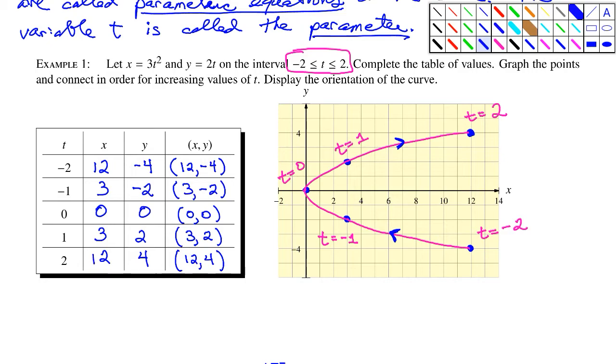So even though it's going to the left, which we normally associate with being negative, that's the increasing way that the t's are flowing. They flow from -2 to +2. And you can see here that this is a parabola. It has endpoints, but it's more or less a parabola.